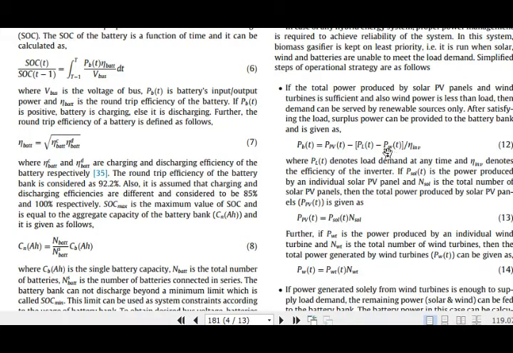The maximum amount will be met by the wind, and the remaining deficient amount, P load minus P wind, divided by the inverter conversion efficiency, will be met from the PV, and the extra energy will be stored in the battery.